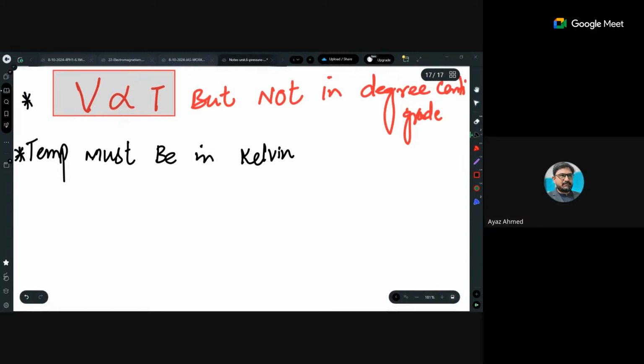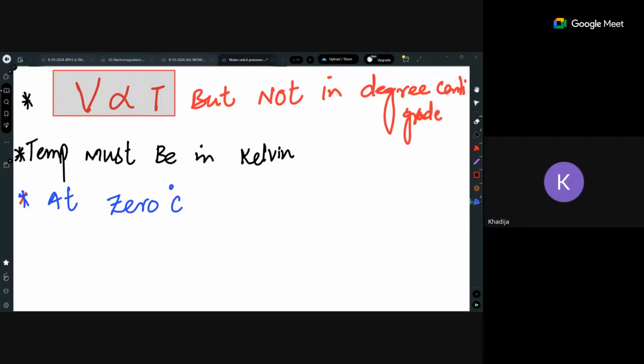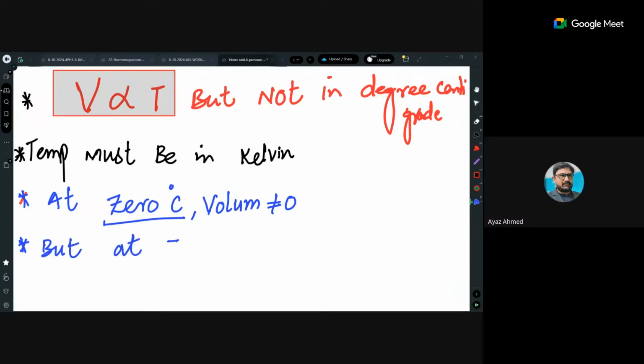It is a simple thing to understand that at 0 degree centigrade, volume is never zero, but at 0 Kelvin, volume is considered as zero.